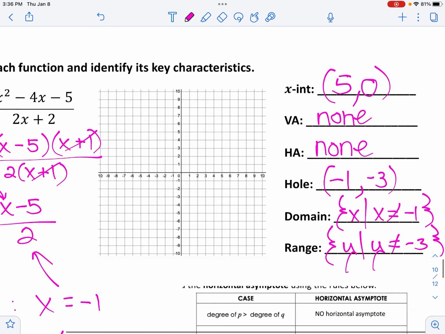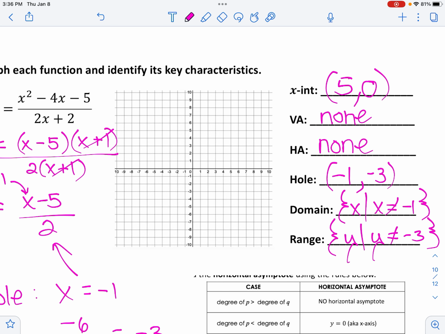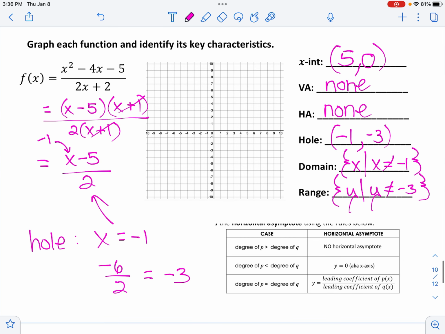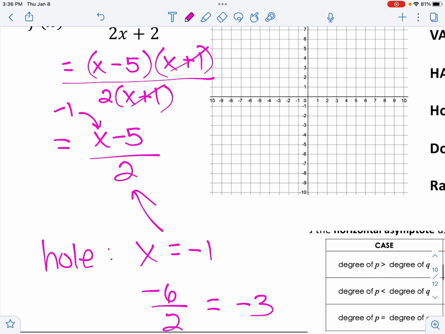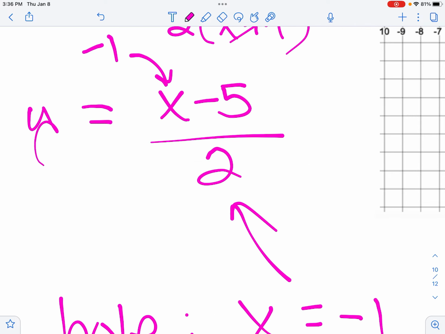All right, now, how do I graph this? Okay, well, this is a vertical line. I mean, a linear function. Not vertical, but it's a linear function, y equals mx plus b. Another way to write this would be y equals, right, this is a 1.